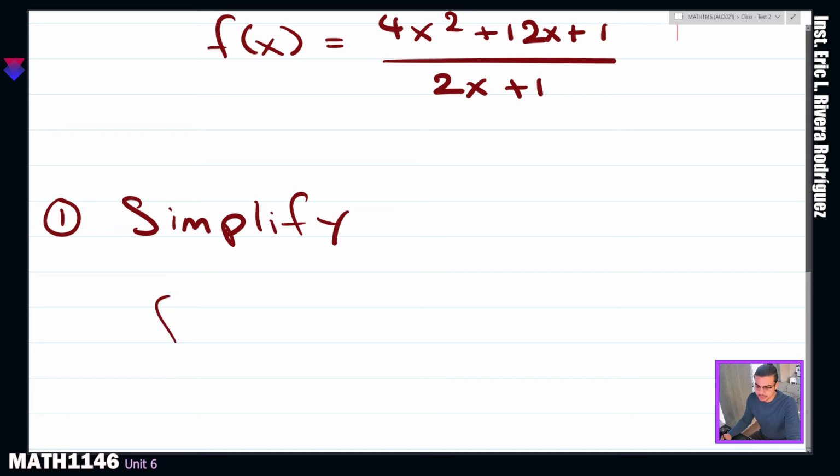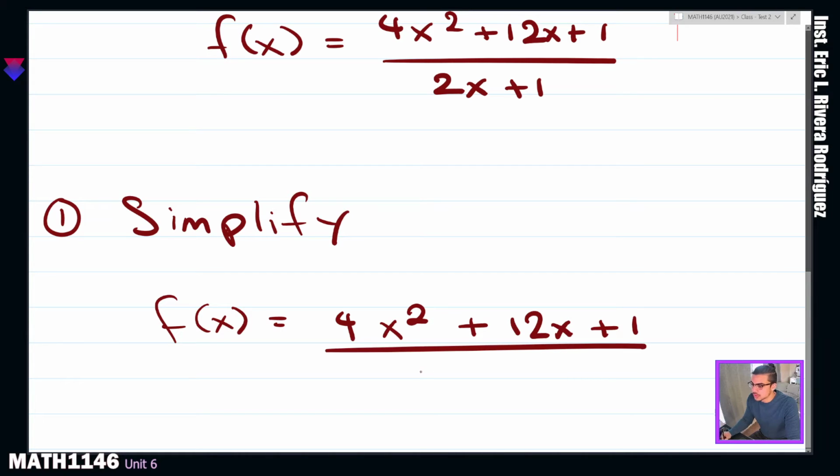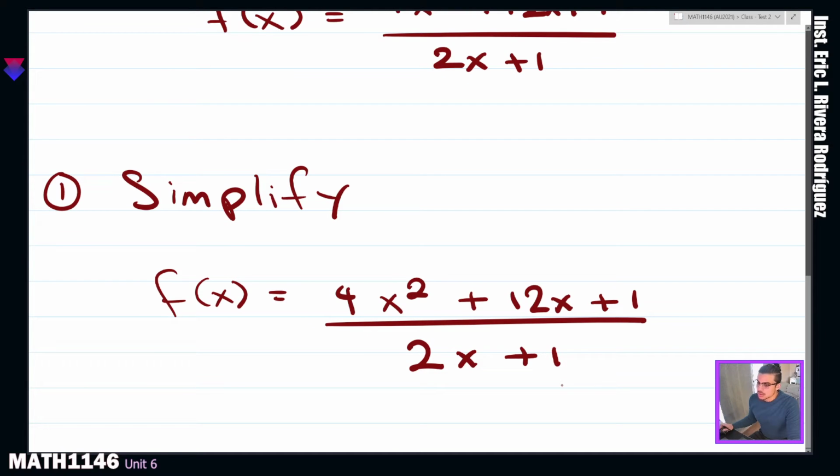Let's try to simplify this to see what happens. Looking at the denominator, we can see that there is no common factor within the two terms, so there's nothing that we can do there.